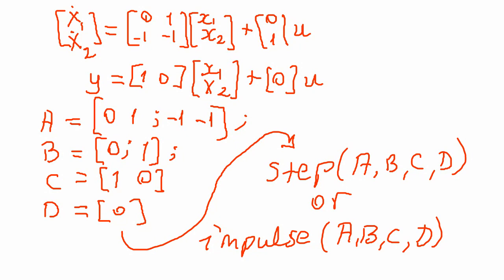So this one is going to draw the step response of this one, and if it is impulse, it's going to be A, B, C, D. It's the same statement for impulse too.